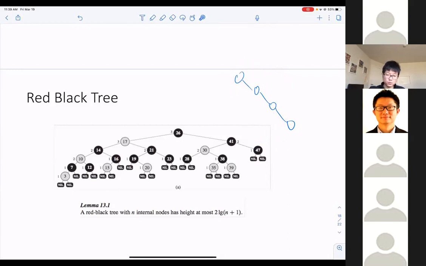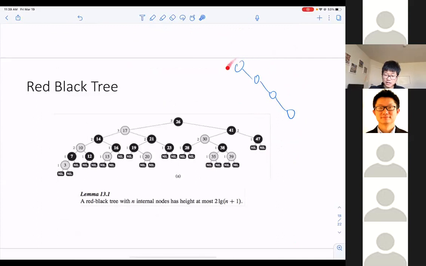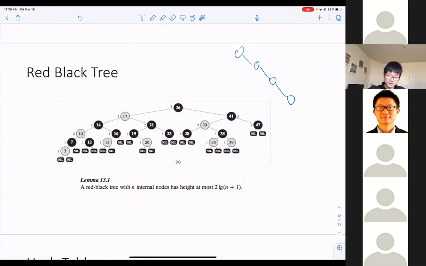It cannot happen with these properties. We will definitely not have a tree structure like this. Instead, the layout of a red-black tree is guaranteed to be balanced. So with n internal nodes, the height is at most 2 log n plus 1. So this is what we discussed previously.